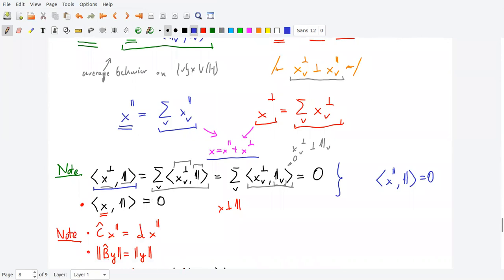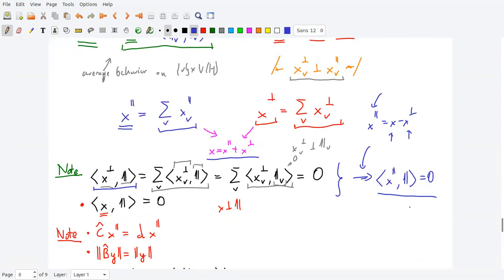Now let me recall that X parallel is equal to X minus X orthogonal. So if X was orthogonal to all ones and X orthogonal is orthogonal to all ones, then X parallel is also orthogonal to all ones. This is not a surprise in some sense, because if you have a vector that sums up to 0, and this vector is chopped into different pieces, and you average every piece, then the vector of the averages also sums up to 0.